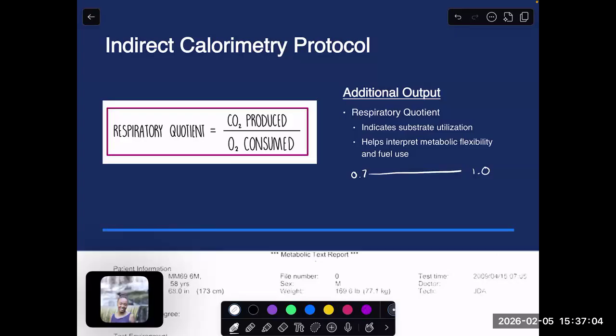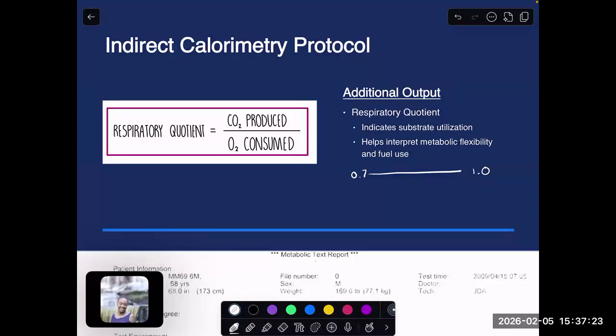You may be asking, how does this make sense? To make it all make sense, we're going to actually create the ratio. So, respiratory quotient is the amount of carbon dioxide produced over the amount of oxygen consumed. During a resting metabolic test, this ratio should equal less than 1.